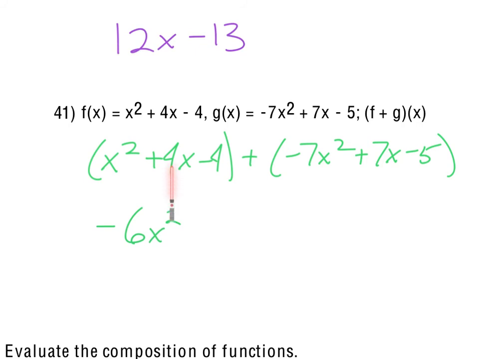We have a 4x and a 7x, so that will give us a plus 11x. And we also have a minus 4 and a minus 5. That'll give us a minus 9 for that one. So that's what we're looking at there. Negative 6x squared plus 11x minus 9 for those.